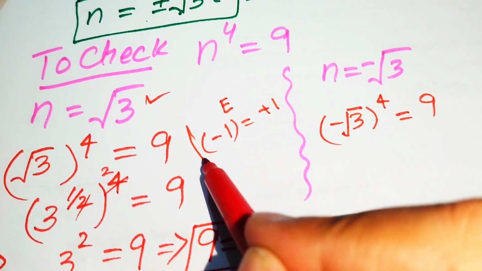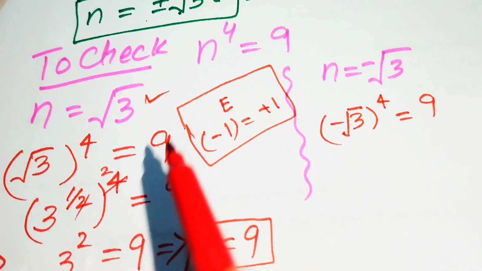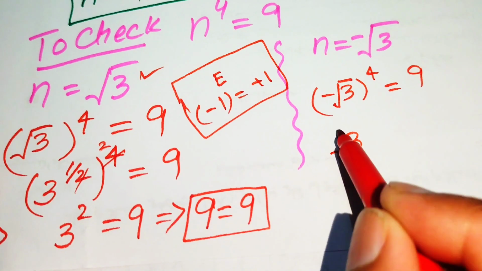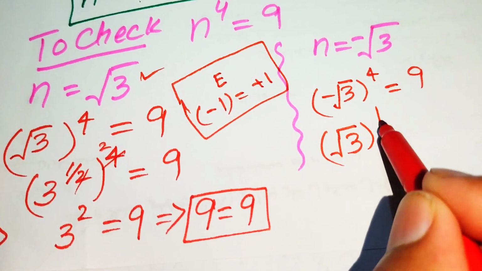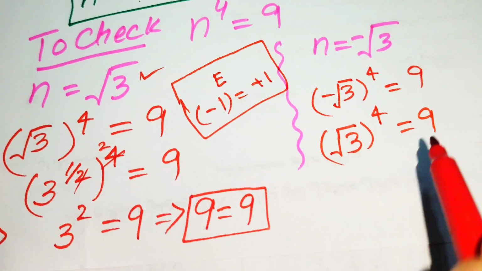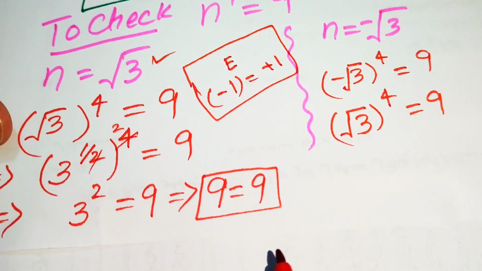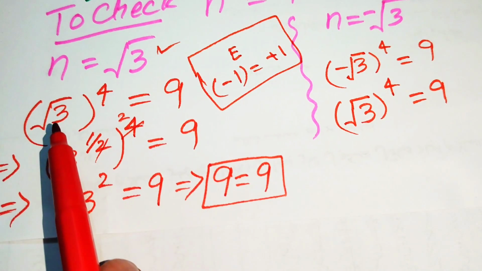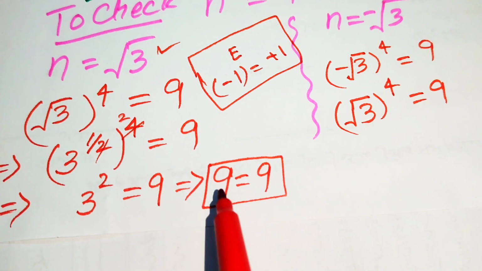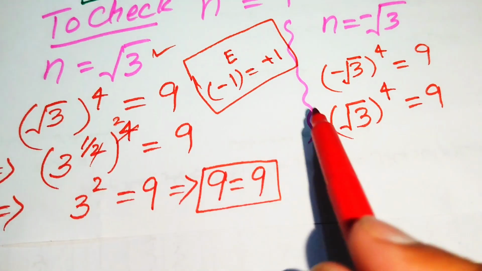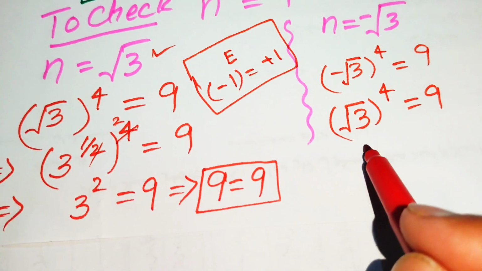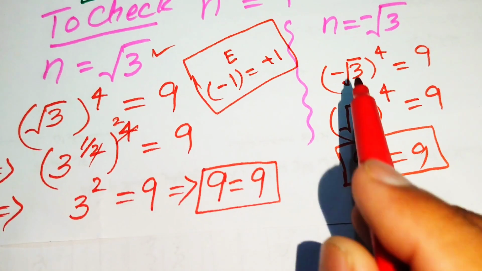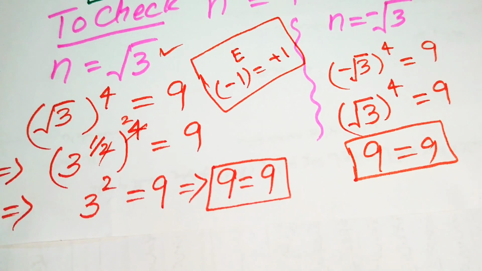So we use this fact here. So this term equals (√3)^4 = 9. And after that, you see here that √3 to the power of 4 is equal to 9. By this process, we directly say that this is equal to 9 equals 9. So the second case also satisfies our given question statement.